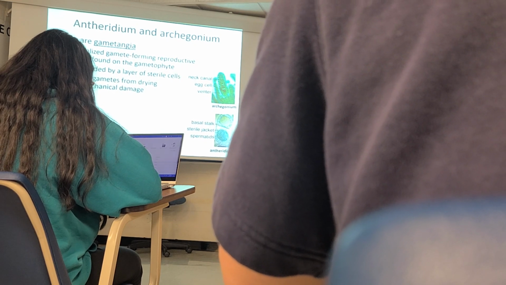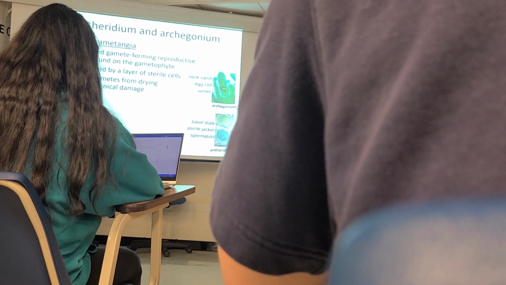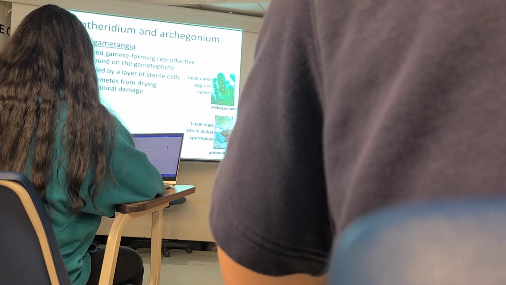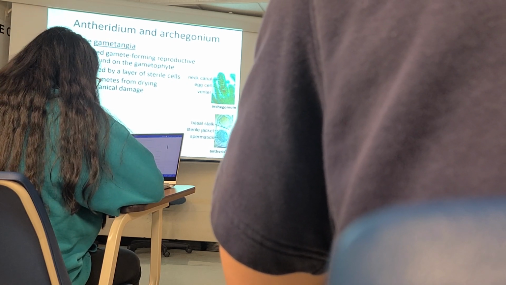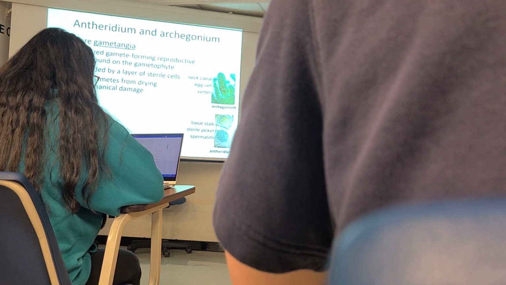They can live without those, they're not that important. Their job is just to protect what's inside of that gametangium. What they really wanna protect are these, okay? The egg cell right here, okay? And all of the sperm cells that are being produced inside here. So these can be sacrificed, but they have that layer to protect them, right? Which you didn't need when you were an aquatic organism living in the water. You didn't have to worry about protecting this because it was surrounded by water.